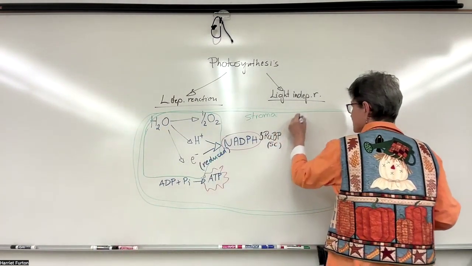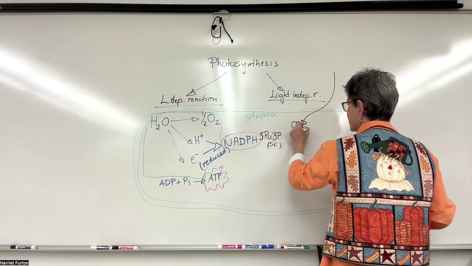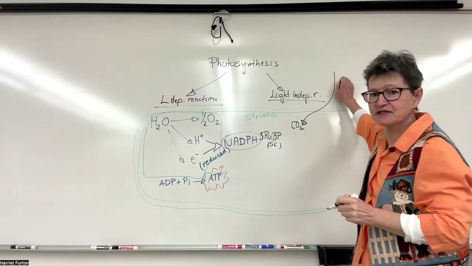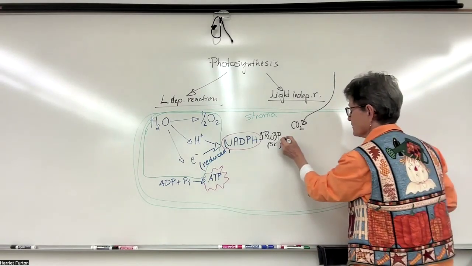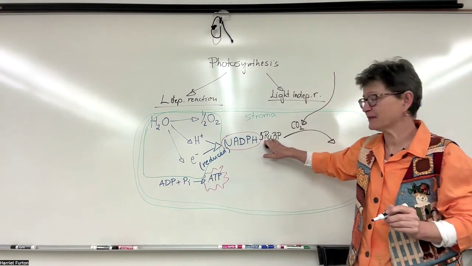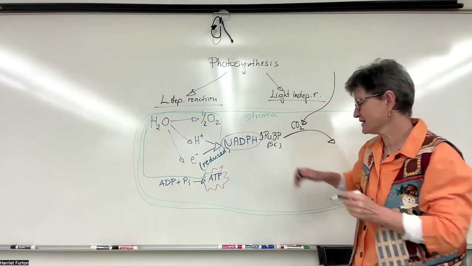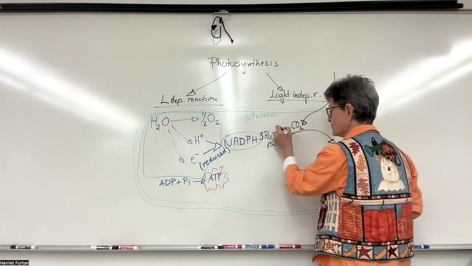Here comes the carbon dioxide through the atmosphere, stoma, and going to combine with the RUBP, ribulose biphosphate, with the help of an enzyme. It's the Rubisco.